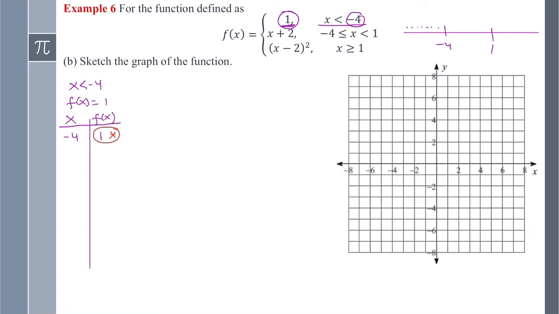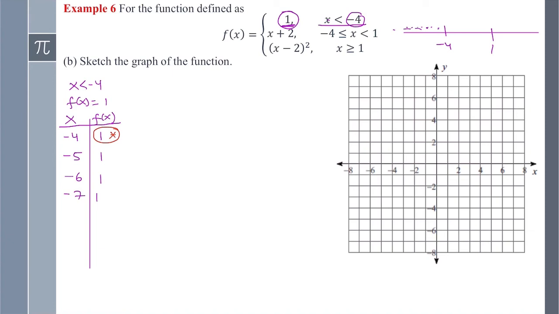We cannot take that value in that piece, but I still start from that endpoint. Now the next one, since we are going to the left, because this is x less than -4, the next number could be -5. If I take -5, still it is 1 because it's a constant function. -6 is still 1. -7 is still 1. So no matter what I take, I'm always going to get positive 1 as the output. Okay, so that's for the first piece.